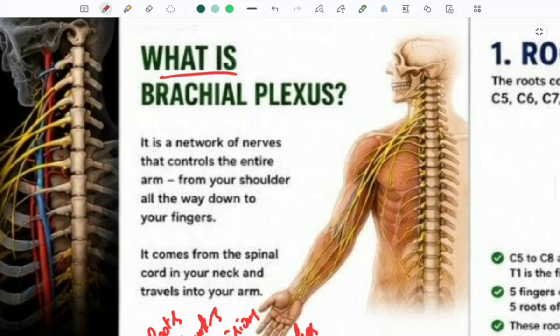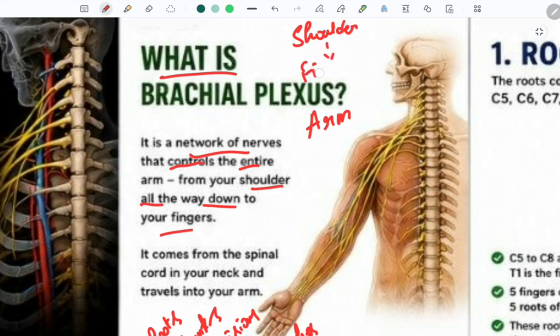What is a brachial plexus? It is a network of nerves that controls the entire arm, from your shoulder all the way down to the fingers.